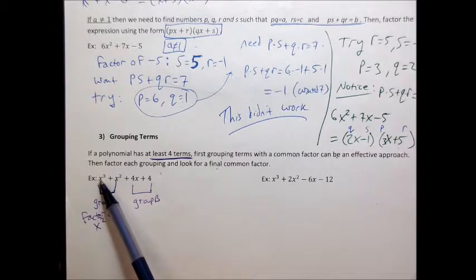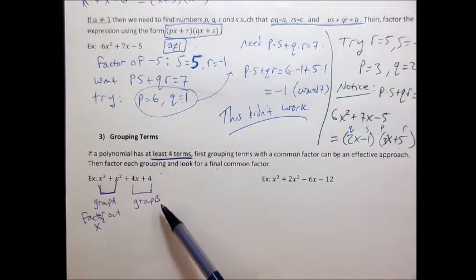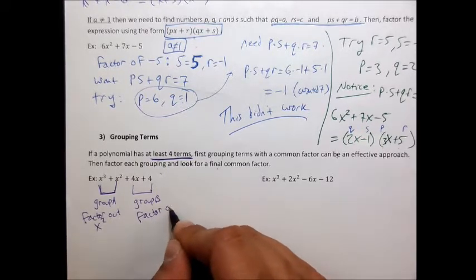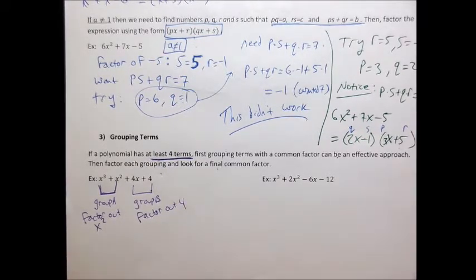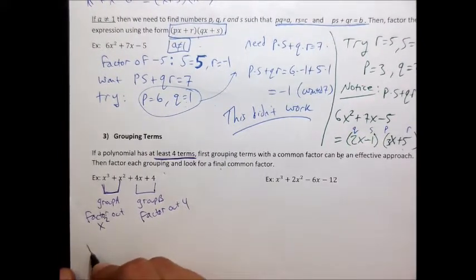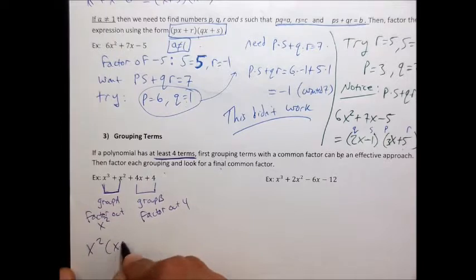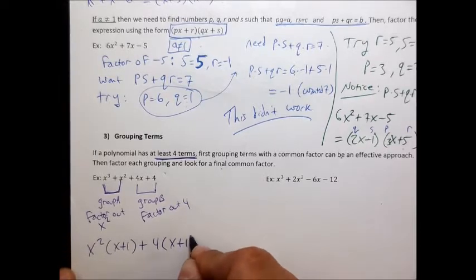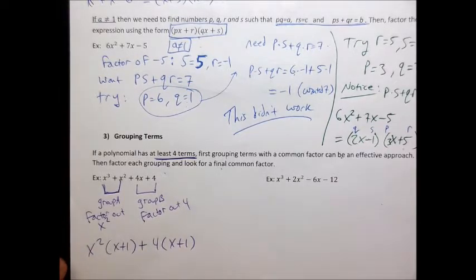There's an x squared in the first term and in the second term. And what's common in the second one? 4. And so in the second one, we can factor out a 4. And so we get 2 groupings of factors. And so we'll get x squared times x plus 1, plus 4 times x plus 1. And so we just pulled out a common factor from each one.